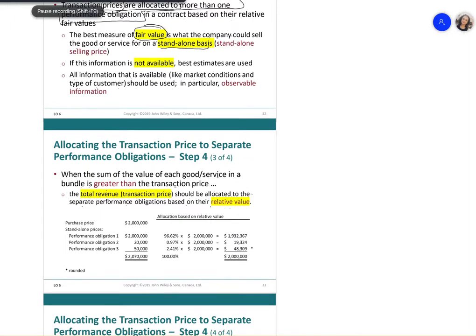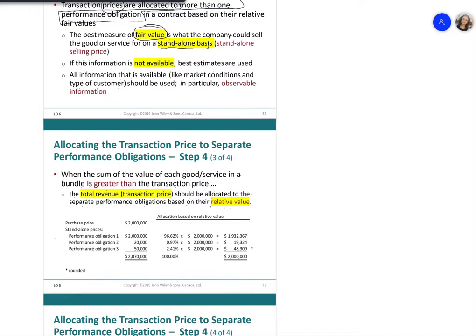When you are selling as a bundle, the best measure is the fair value, what the company could sell the goods or service for on a standalone basis. I think I missed the slide here, but let me see what the question is asking.